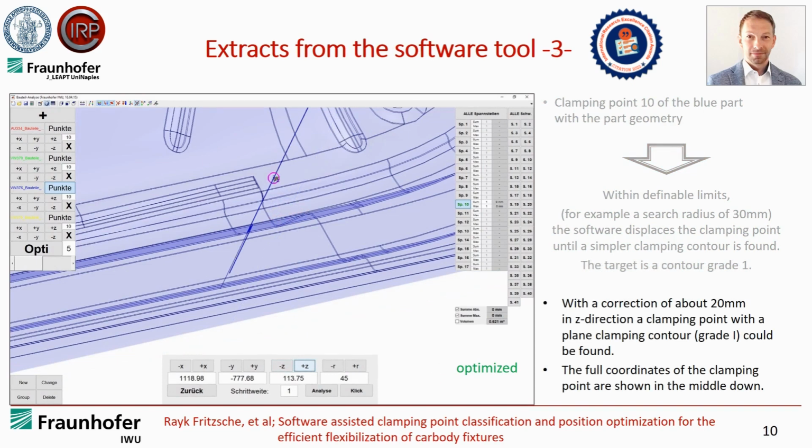So in this slide we see the optimized position, and with a correction of about 20 millimeters in Z direction, a clamping point with a plain clamping contour like grade 1 could be found. At the lower side of the picture you can see the full coordinates of the clamping points.